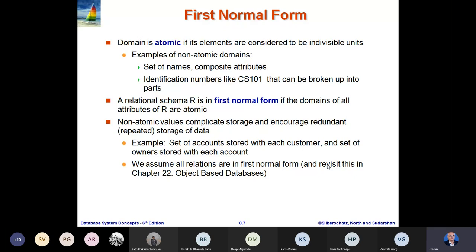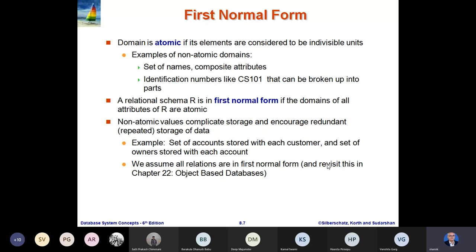Now the first normal form is not yet anything to do with functional dependency or decomposition. It is fairly simple. It means that when we talk about any relation schema in our database design, the very first thing is that it should be in first normal form.